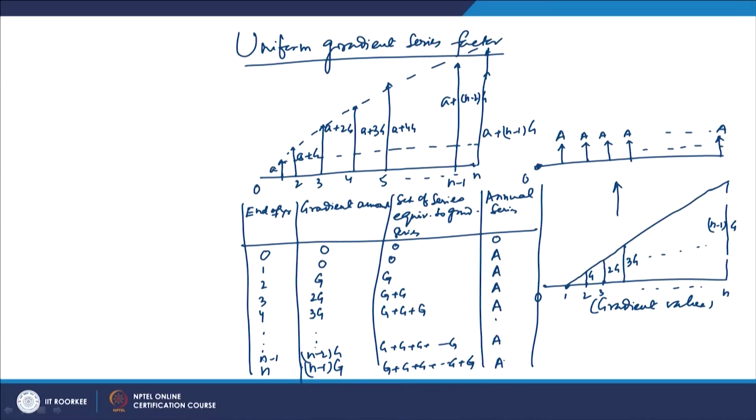So, if you look at this, you have the payment of A from the first year end to the nth year, and if you want to have the F, the final future amount, this A must be multiplied with the factor F by A, i, n. So, basically the A will be multiplied with F by A, i, n. This will give you the future amount, that is the accumulated amount at the year end.